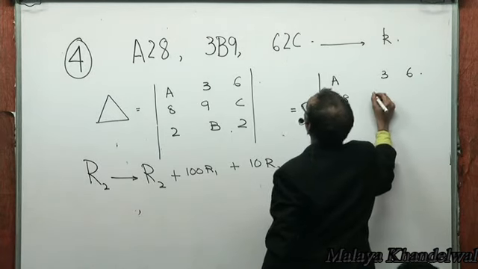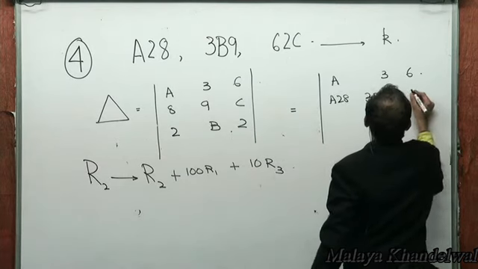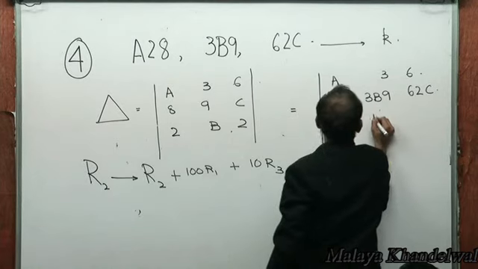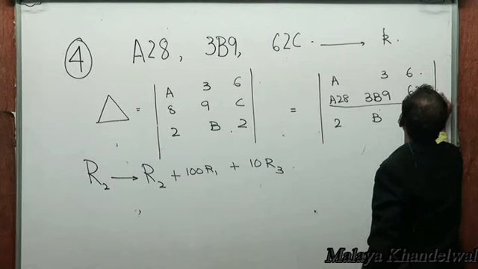A28, similarly 3B9 and 62C. Obviously, the second row is divisible by k.